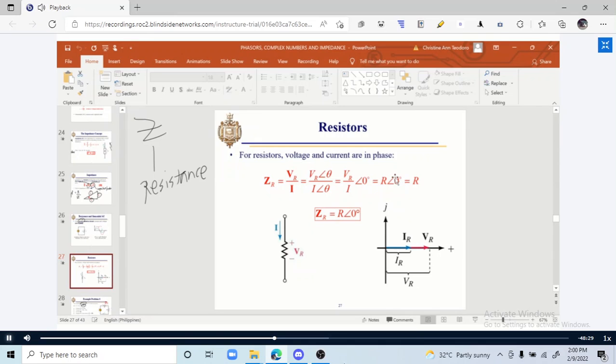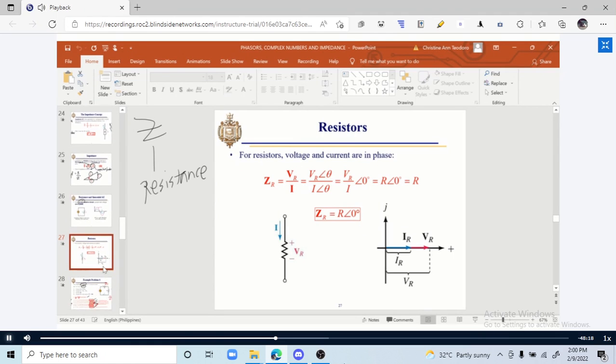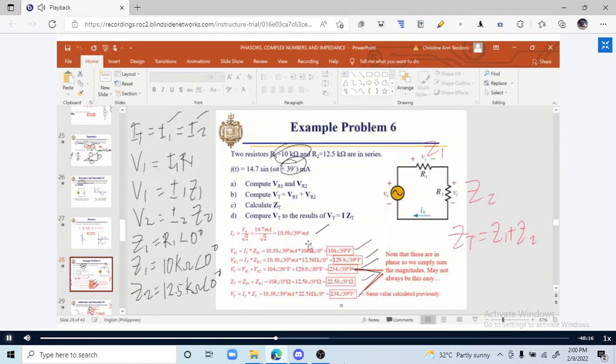For example, if the value of your R is 15, this will be 15 angle 0 degree. It is always 0 degree when it comes to resistances.